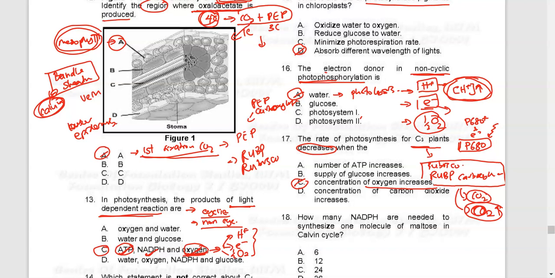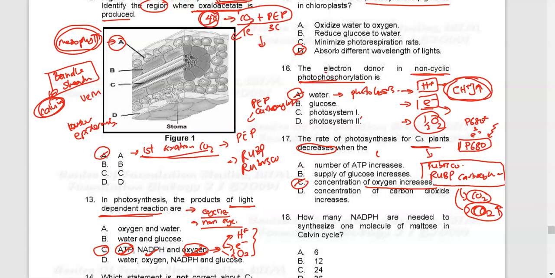When does this occur? It occurs when the stomata of the C3 plant close. When the stomata close, it limits carbon dioxide from entering the leaf and the Calvin cycle to produce sugar.